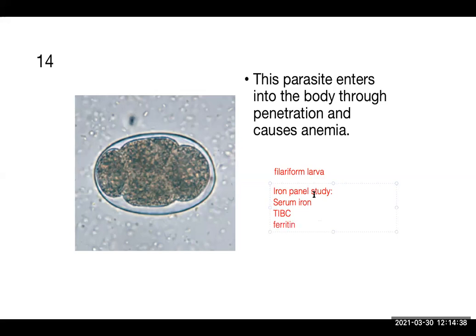So these are the three things which we commonly see. Serum iron level will be decreased here, TIBC is increased, and serum ferritin is also decreased. So this is typical of microcytic hypochromic anemia.